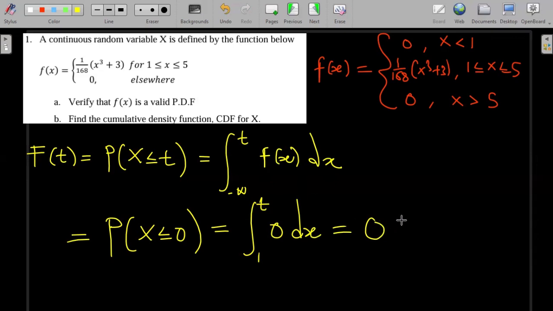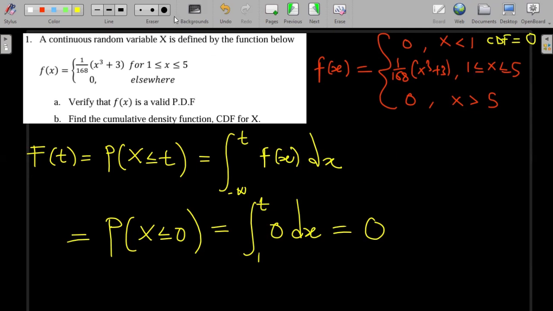Okay, so why is it that? Because before x is equal to 1, the function hasn't yet started accumulating, because we are told it's 0 elsewhere. So the CDF for this part here is just 0. Okay, so now to find the CDF of the next part, we need to add this CDF and then find this CDF because it's cumulative.